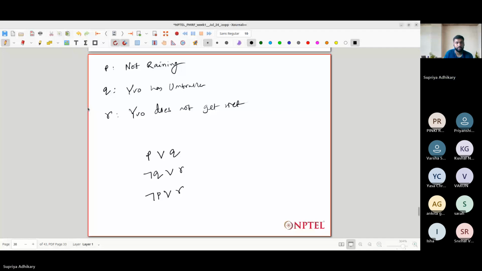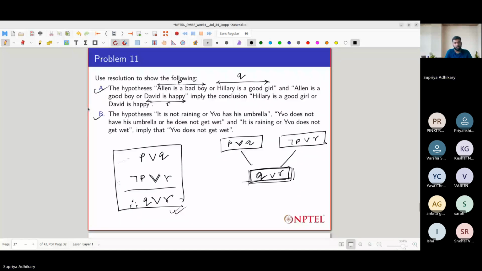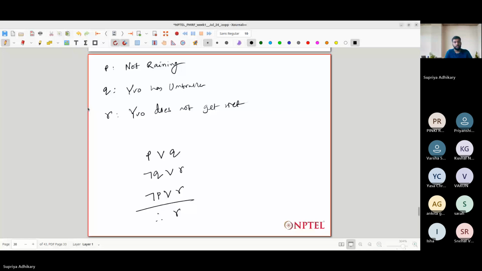So by the rule of resolution we can verify this, and this is true when all these hypotheses and the negation of the conclusion, I mean the conjunction of all this.